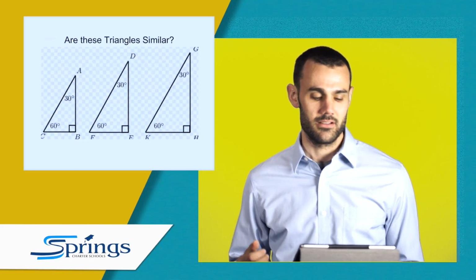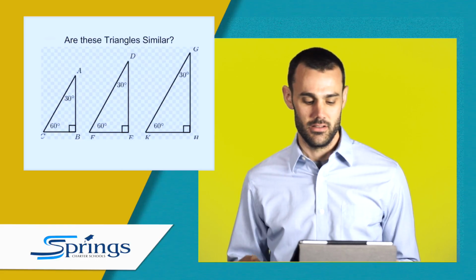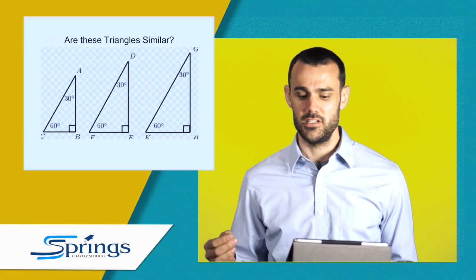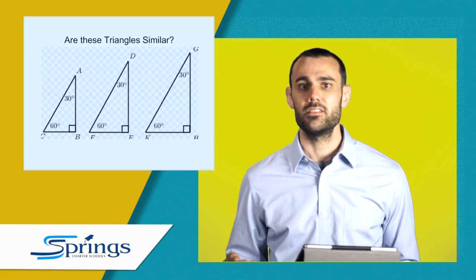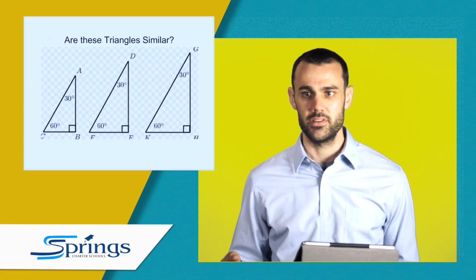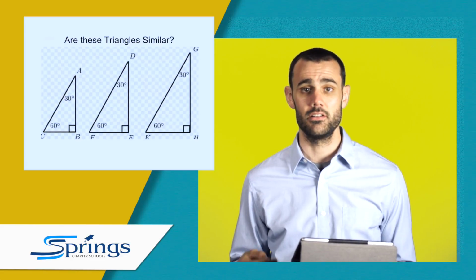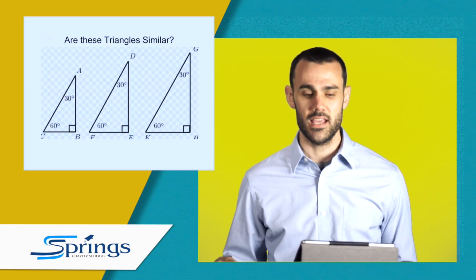Triangle A, which has a 30-degree angle and a 60-degree angle, can also be shown in a different version in triangle G, which also has 30 degrees and 60 degrees. Based on our theorem, when we have two of the same interior angle measurements inside of a triangle, the third angle is also going to be the same.